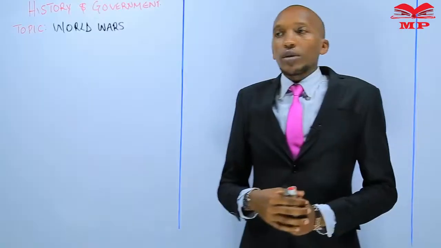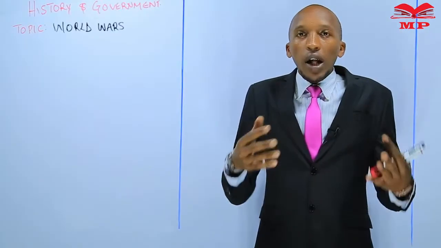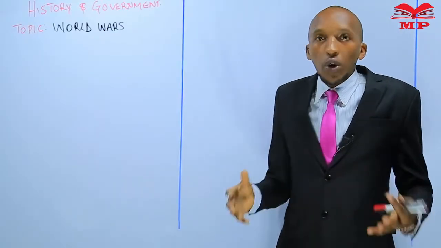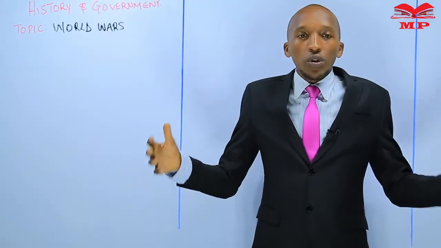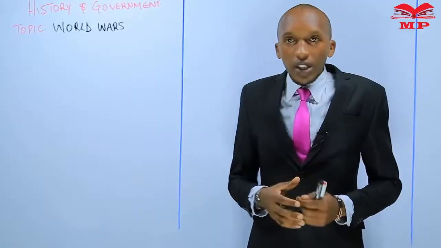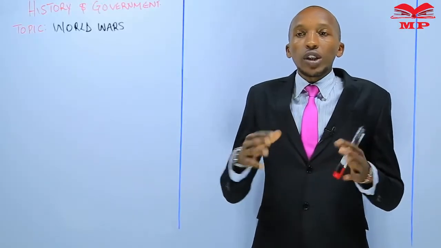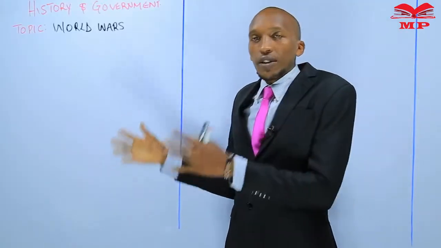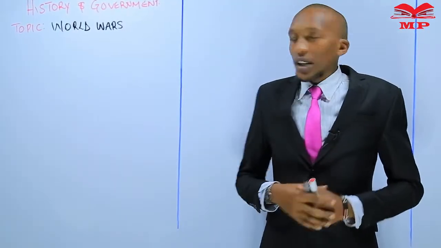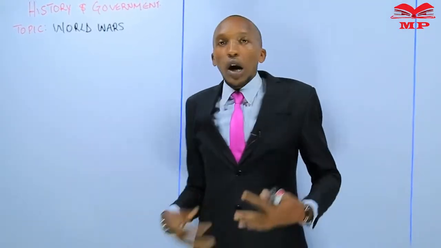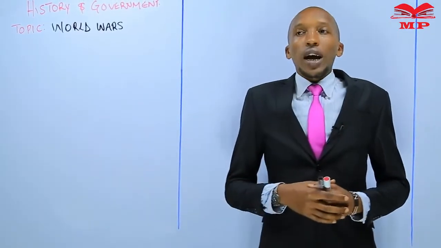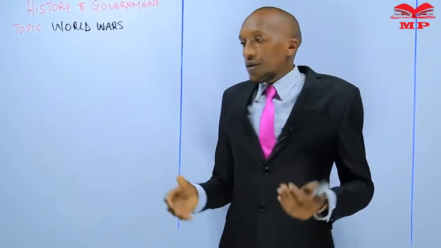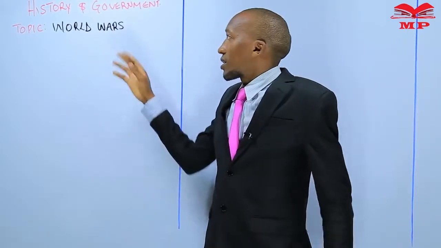I guess you can remember that we said a world war is a war that involved so many countries, between different continents. That is how we defined a world war. It's a war that involved many countries, and it happened on different continents.